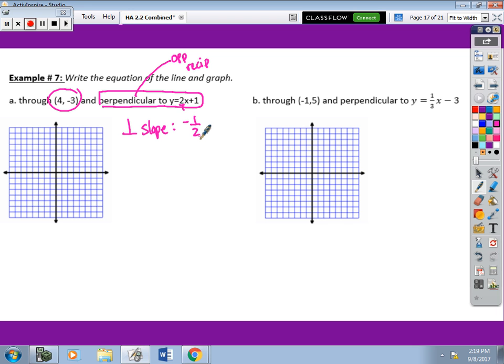Now, because they also want us to graph this, you could actually graph it first if you want. You can plot this point for negative 3. So it's going to go through that point and it's going to have this slope. So use this slope to create the line. Go down 1, over 2, down 1, over 2. Also go up 1 and backwards 2.